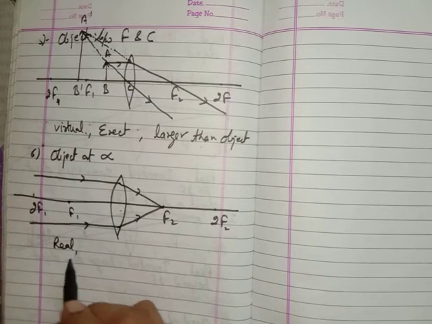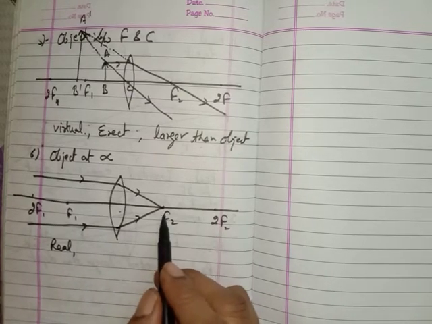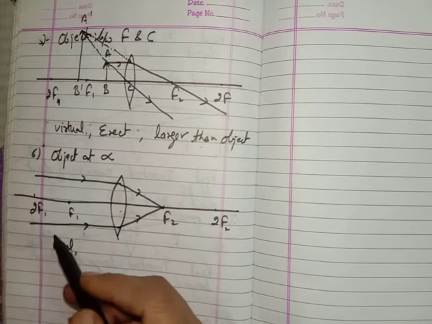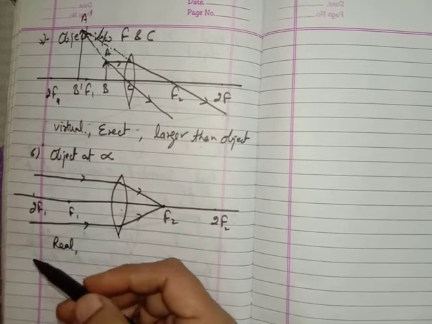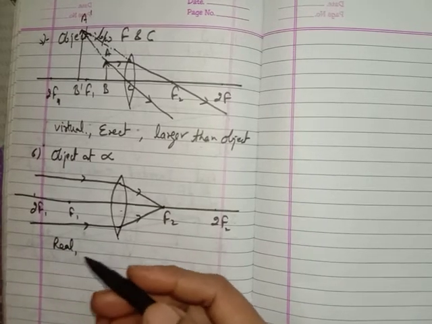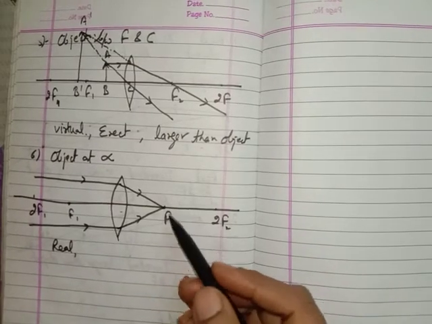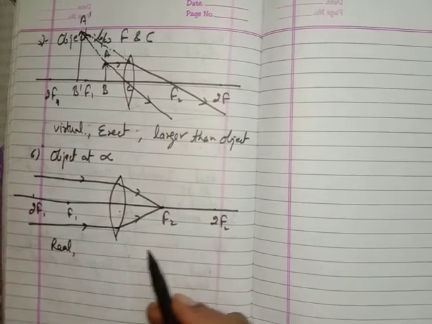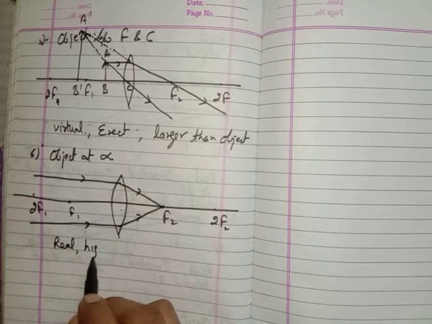And what about the size of the image? If the object is at infinity, the object is really very large, but the image formed is very diminished. So we can say a highly diminished image is formed.